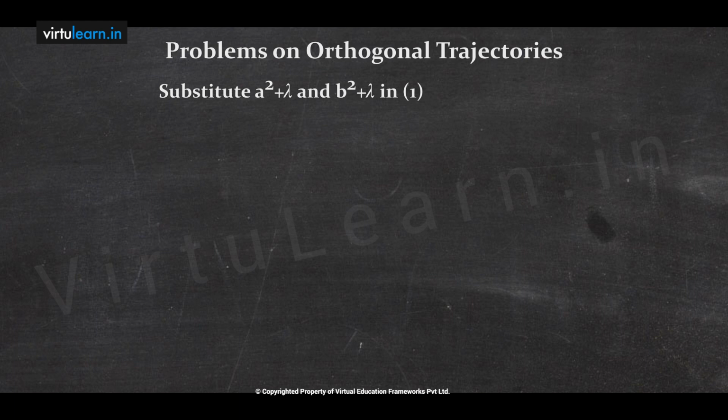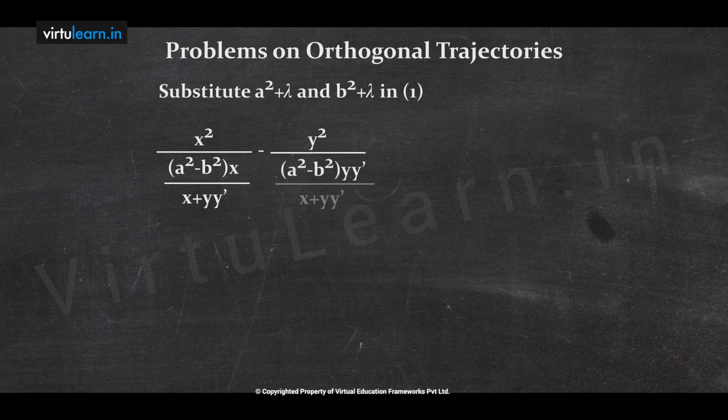equation number 1. Then equation number 1 can be written as x square by the a square plus lambda value, which I am substituting here, a square minus b square into x by x plus y dash, minus, anyhow the minus is there, that is why I am directly writing minus y square by a square minus b square into y dash by x plus y dash equals 1.